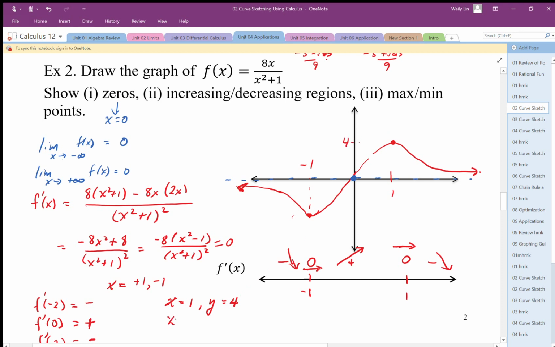When x is equal to -1, I plug it in again, -8 divided by (-1) squared plus 1, that's 2, so that's going to be -4. So then that point is going to have a y-coordinate of -4. Okay, so there it is.